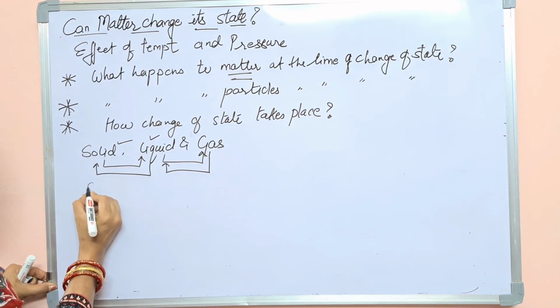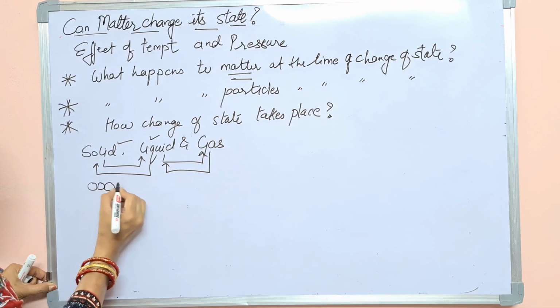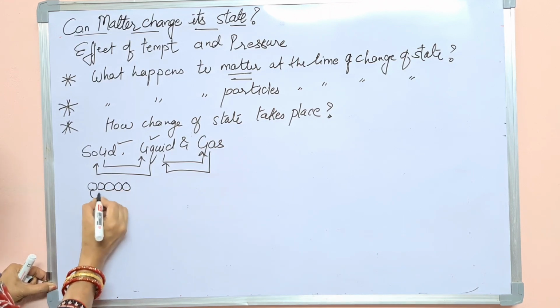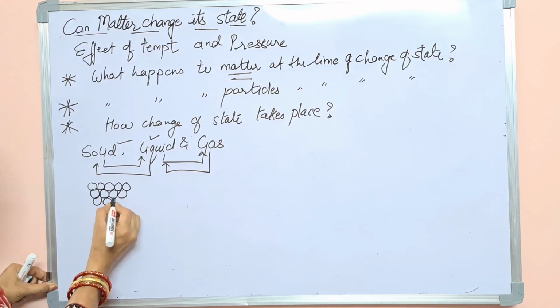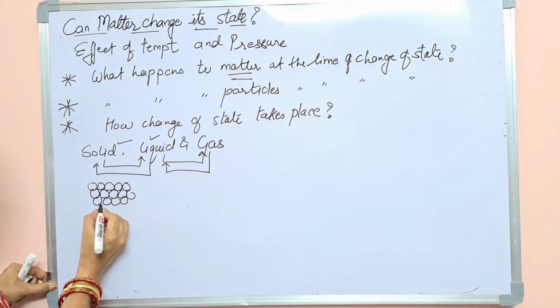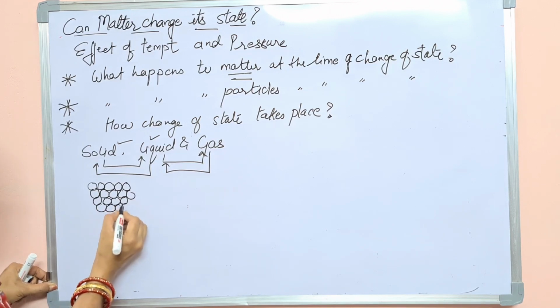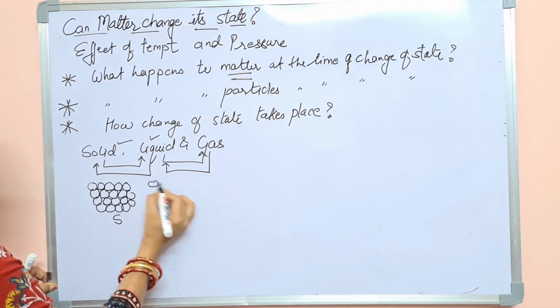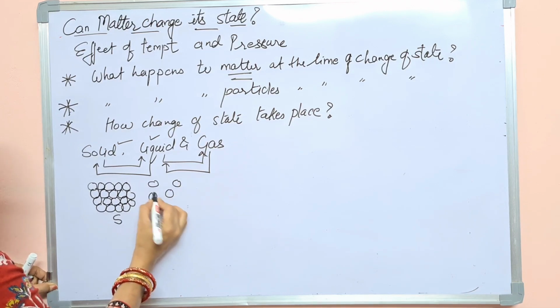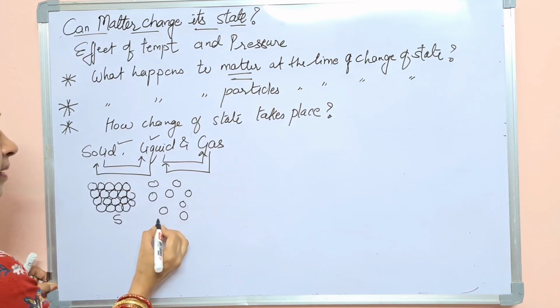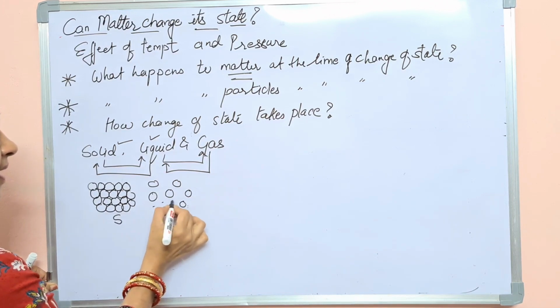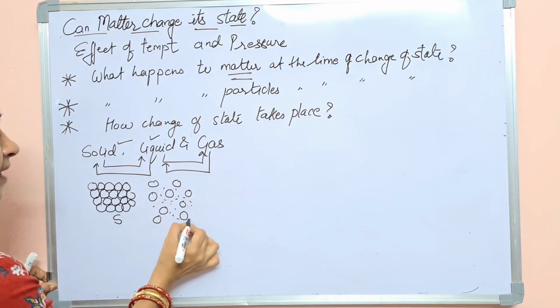So in case of the solid, all of you know, if I am talking about the arrangement of the particles, in case of the solid, the particles are compactly packed. This is the arrangement of the particles in case of solid. In case of the liquid, the particles are not so compactly packed, but here empty space is present.